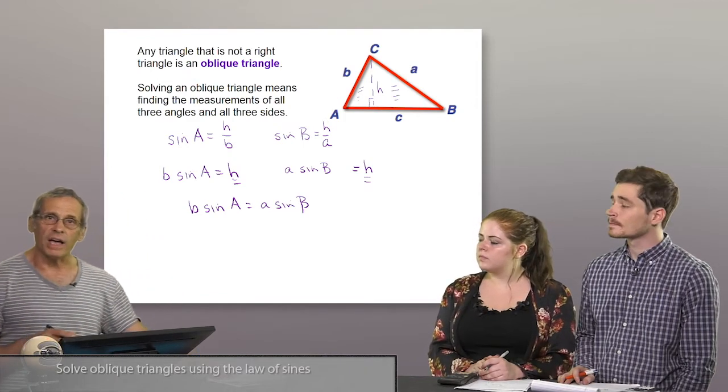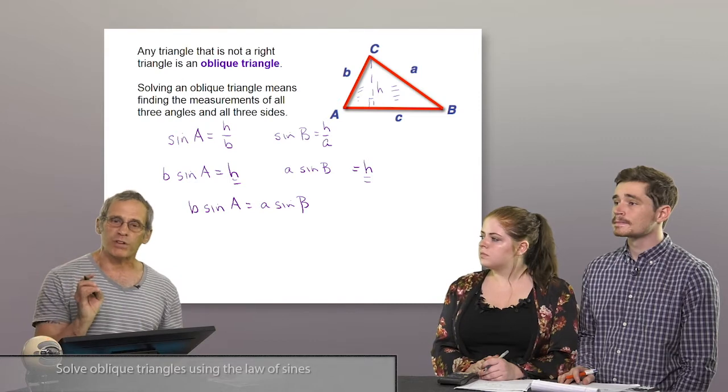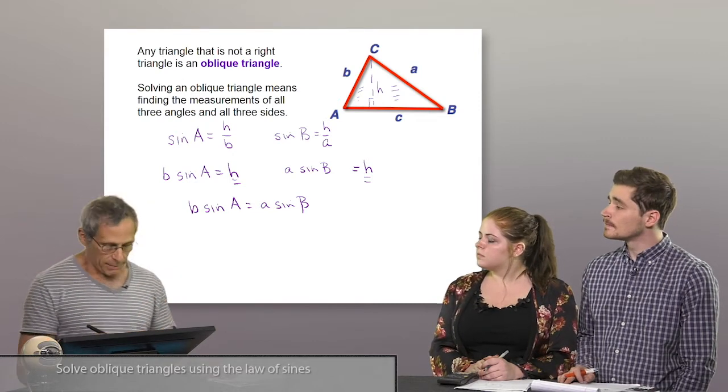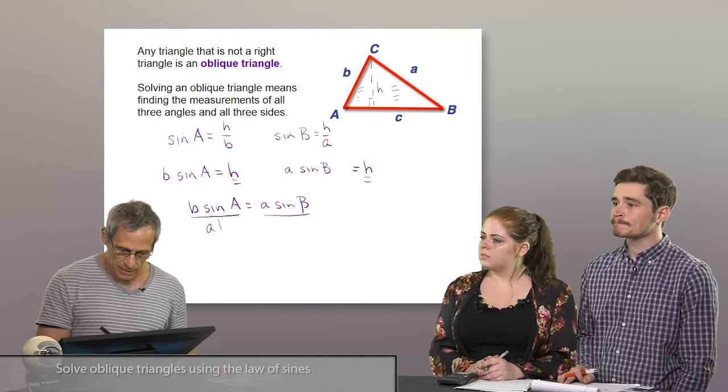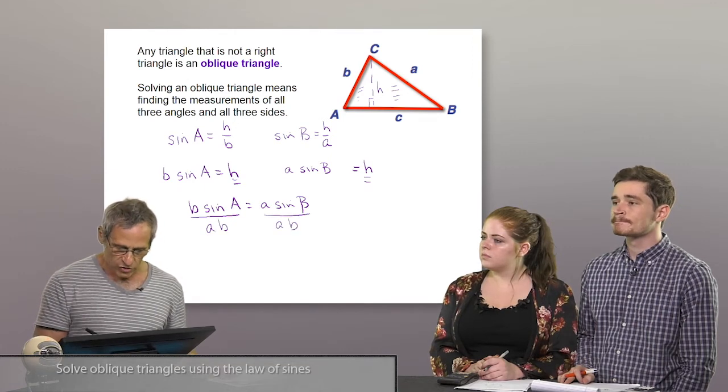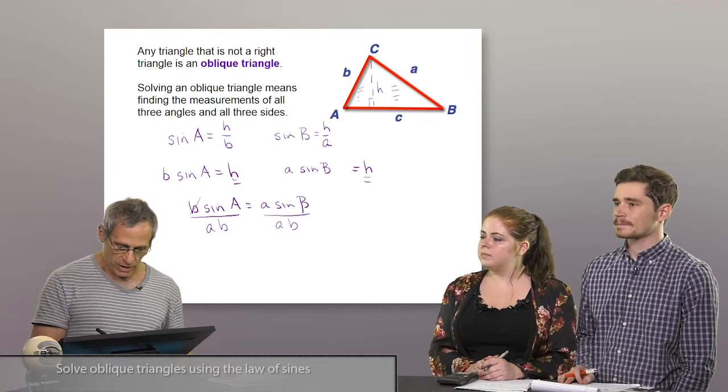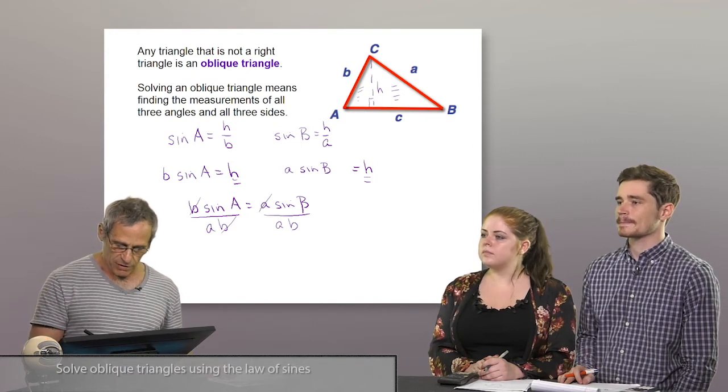The law of sines is a really nice rubric to remember, and where it comes from is this step. I'm going to divide both sides of the equation by ab. When I do, what cancels on the left? The b's. What cancels on the right? The a's. Very good.